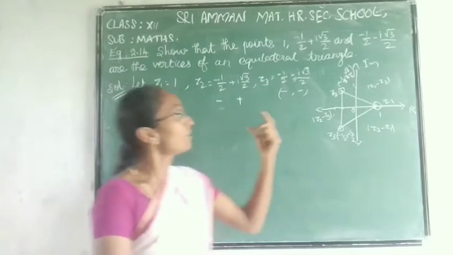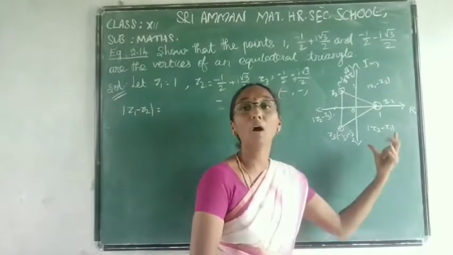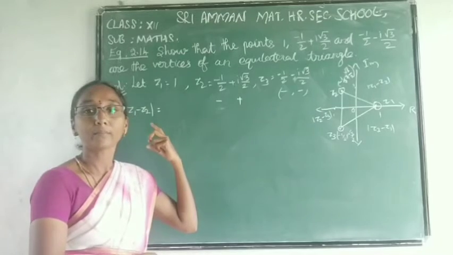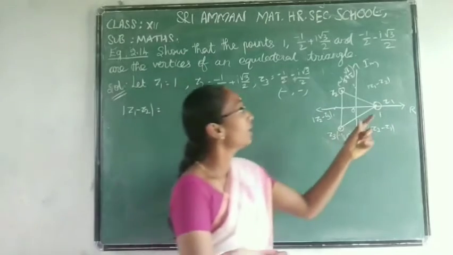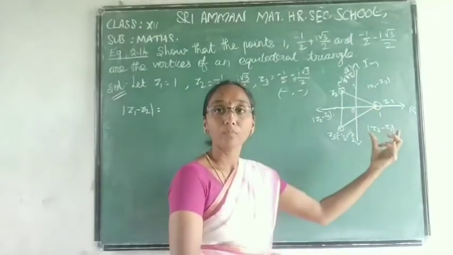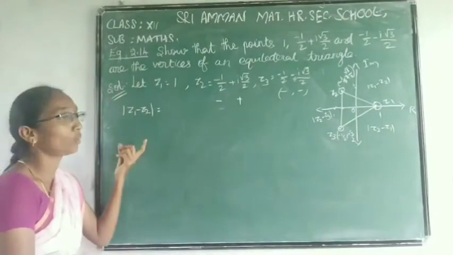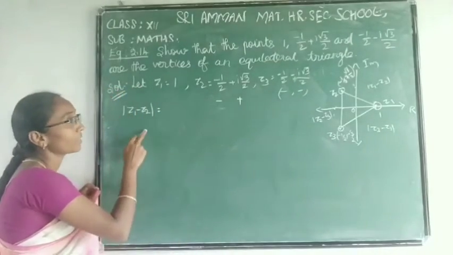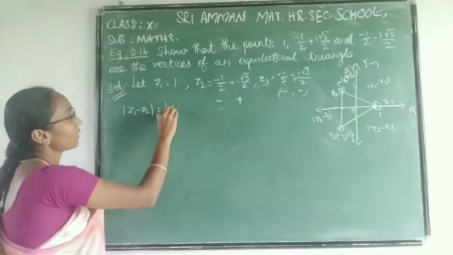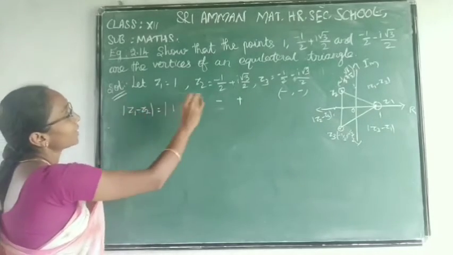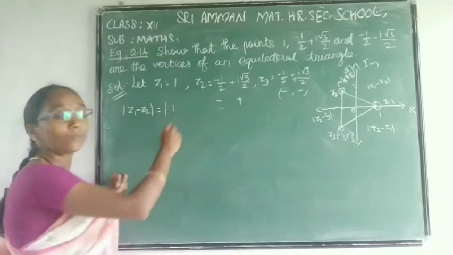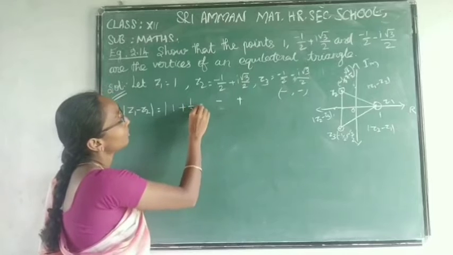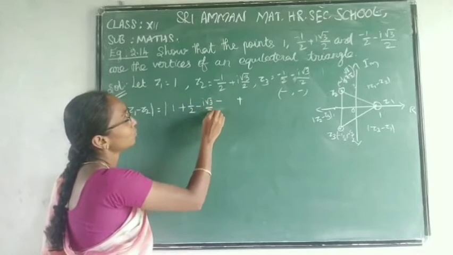So now I have explained this diagram. Listen carefully, afterwards you will easily understand this. Modulus of z1 minus z2 equals modulus of 1 minus z2, so write the opposite sign of z2: 1 plus 1 by 2 minus i root 3 by 2.